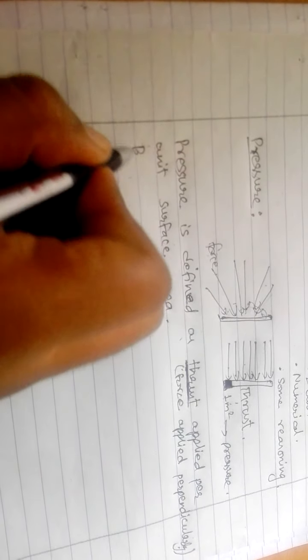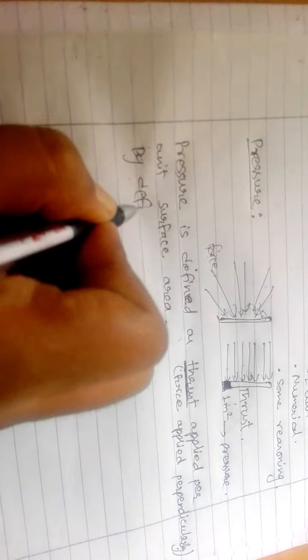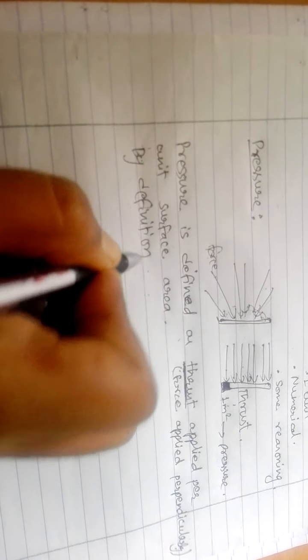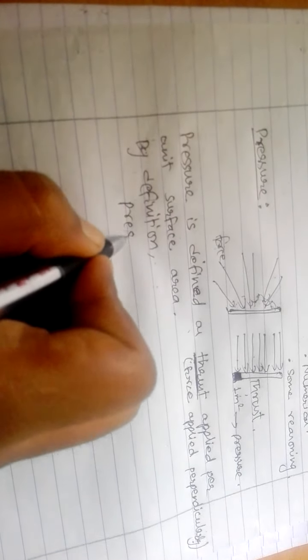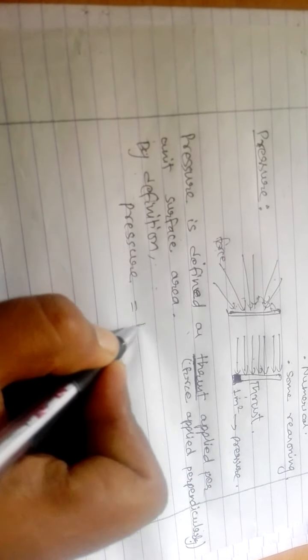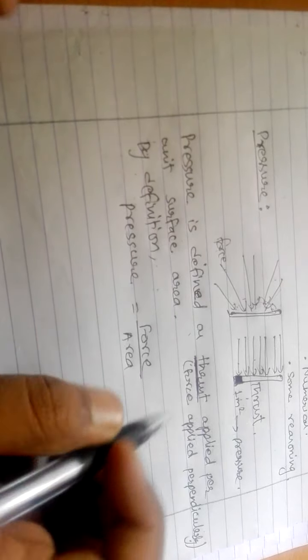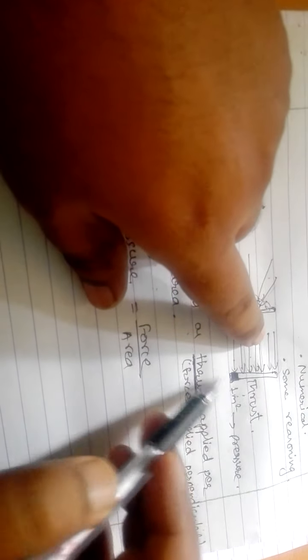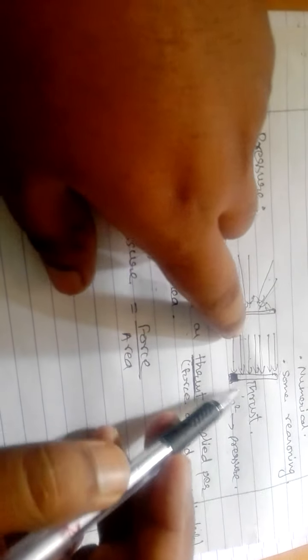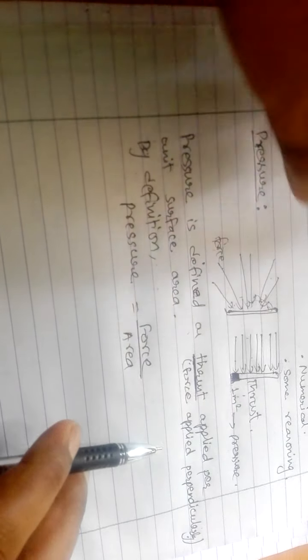So by definition, what do you get? Pressure is equal to total force applied per unit area. If you divide total force by total area, then you get how much force is being applied on unit area.